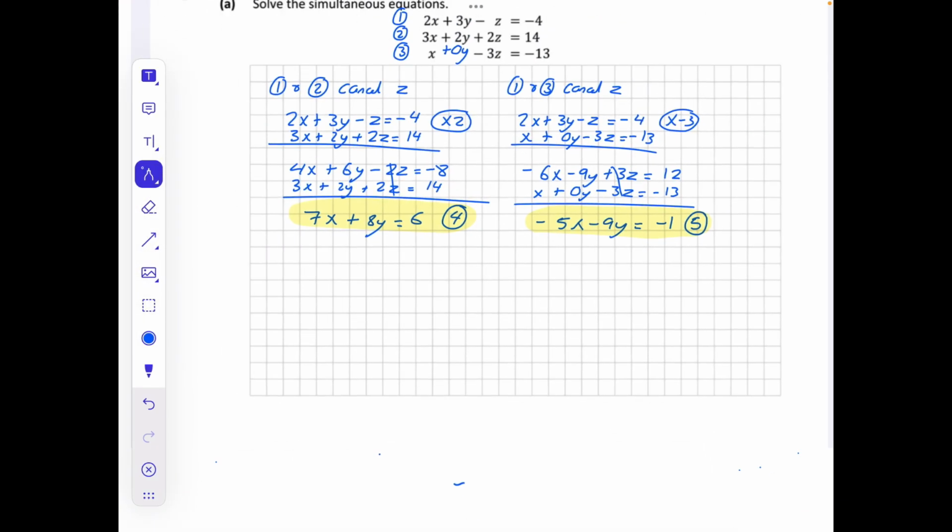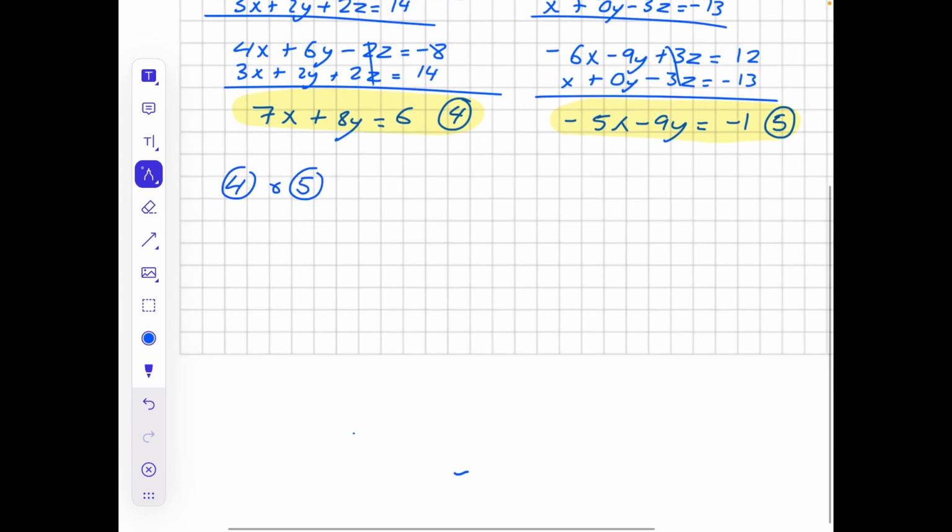Now, next thing, we have our new equations 4 and 5, so we're going to work with those as if they were junior cert ones. And we're going to be able to solve for one thing. So we have 7x plus 8y is equal to 6, and minus 5x minus 9y is equal to negative 1. Now here, we need something to cancel. I'm going to cancel the x's. We have a 7 and a 5.